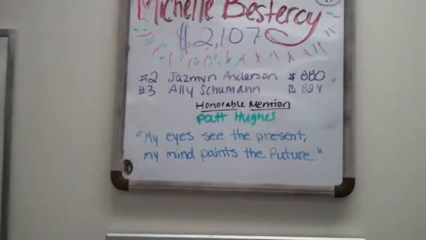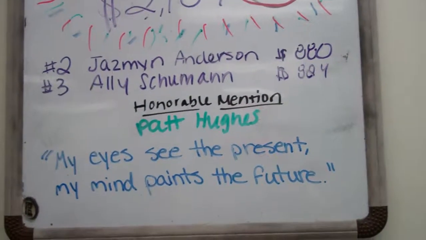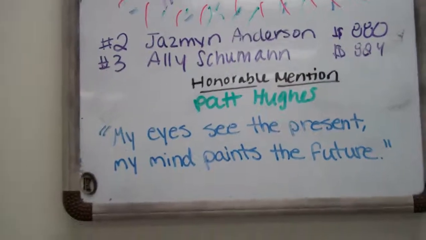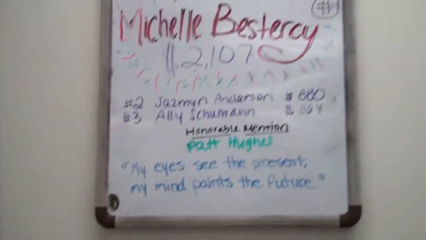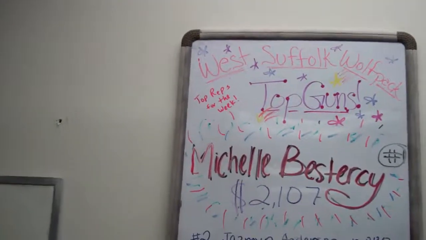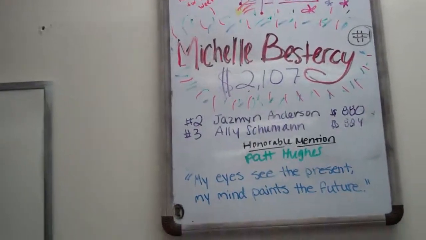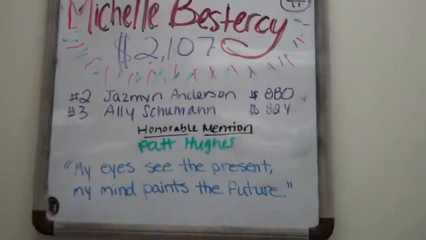Anyone who's sold between 250 and 750 would be honorable mention. You just put their name, you don't put a number for them. And if you want to squeeze the quote in there, fine. Don't be afraid to use the colors, make it look good. It should say top reps for the week, so people know what this was. Top Guns doesn't really help, but it should say that somewhere on the board. So that's how you do this board.